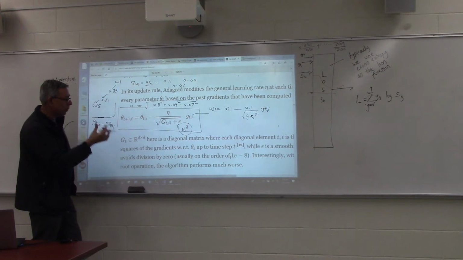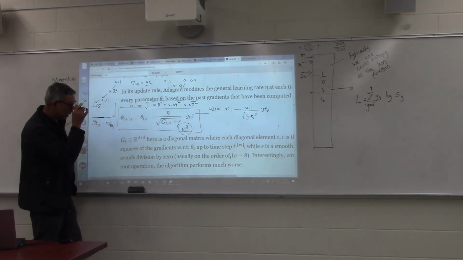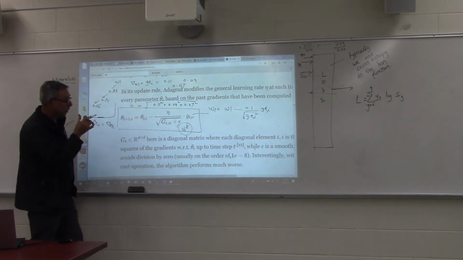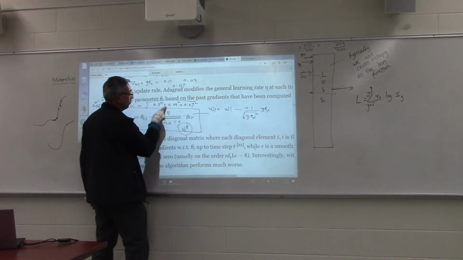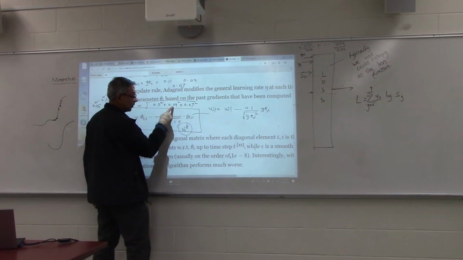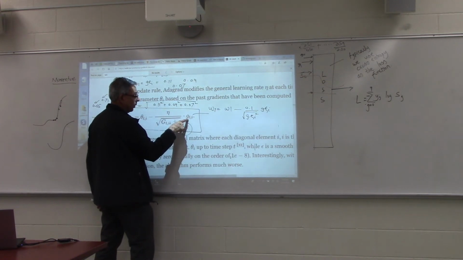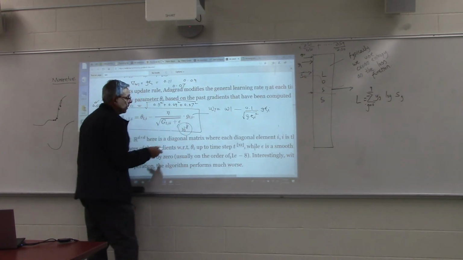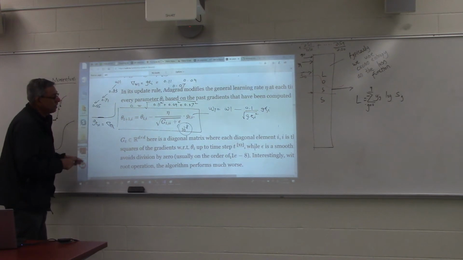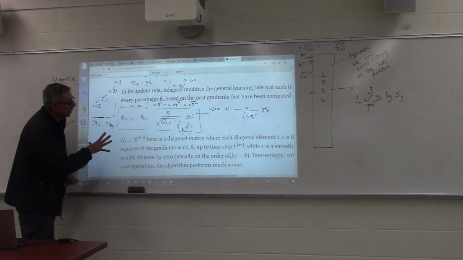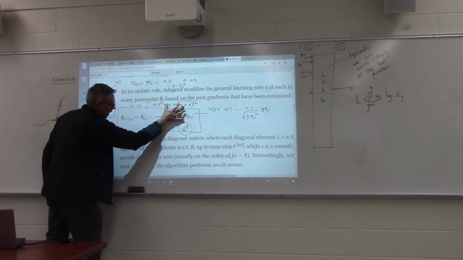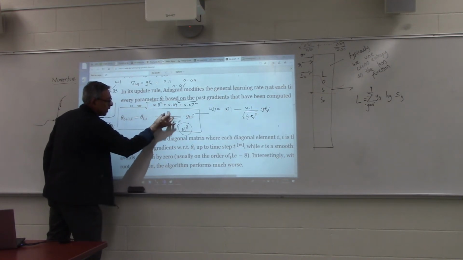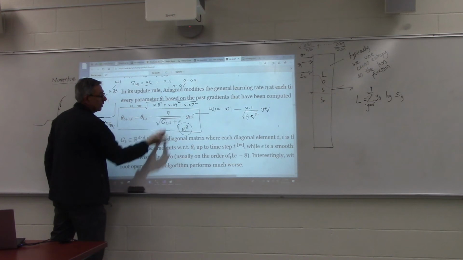Second time onwards, I know it will work, because then, as you can see, this will become 0.11 squared plus 0.09 squared. Anyway, essentially, based on the past history of gradients, we are adjusting the learning rate.